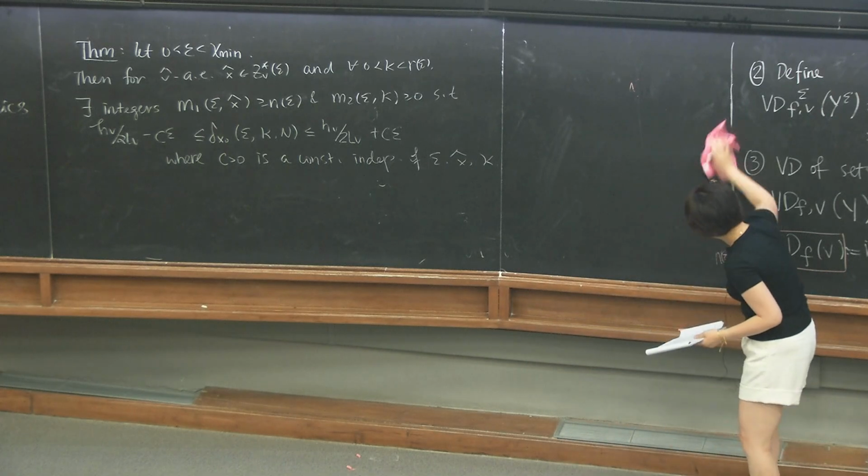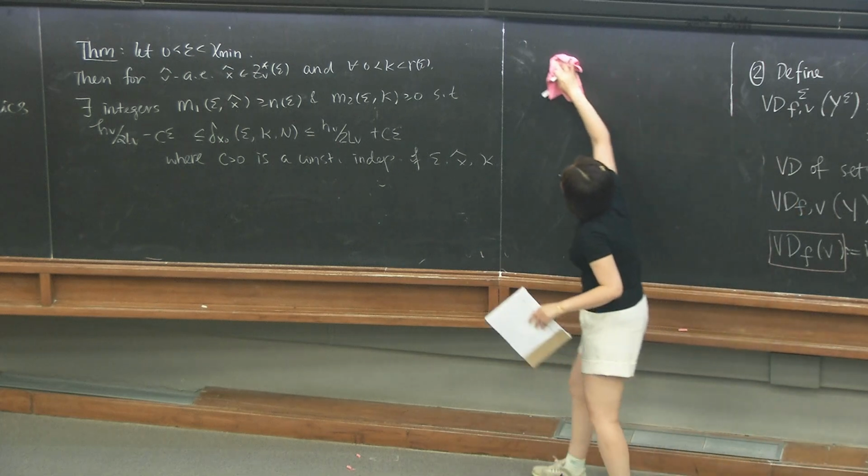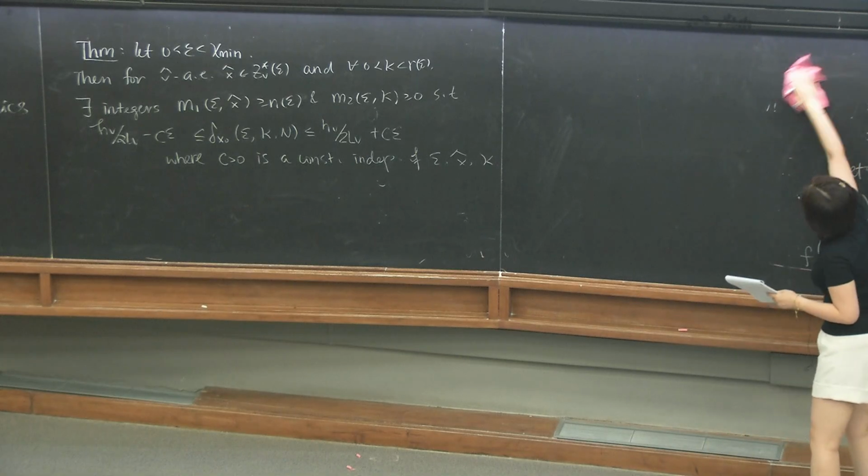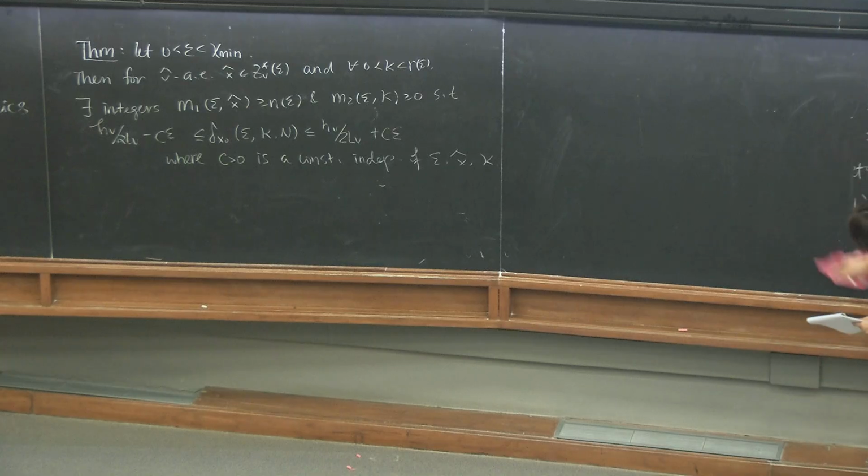So how do we prove this theorem? We prove it by proving a proposition. I will state the proposition, and its statement will suggest the idea, and I will explain how to prove the theorem assuming the proposition.